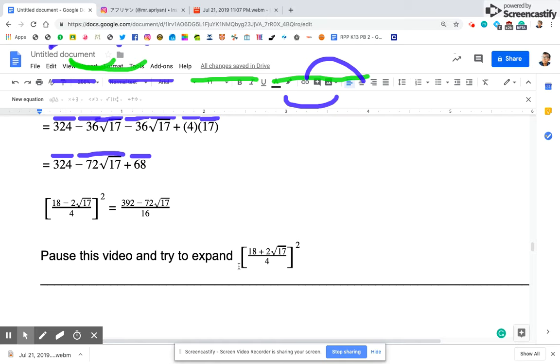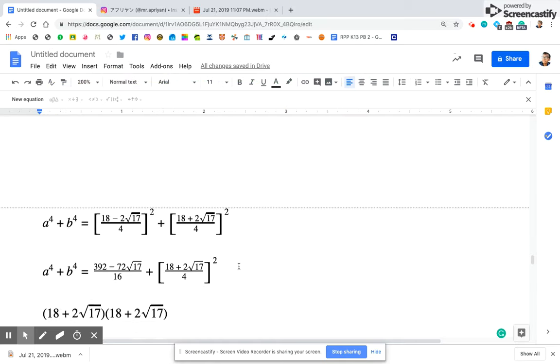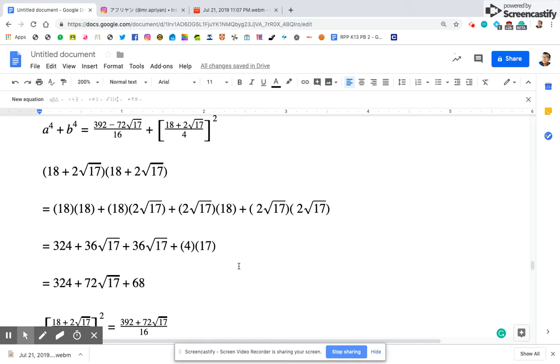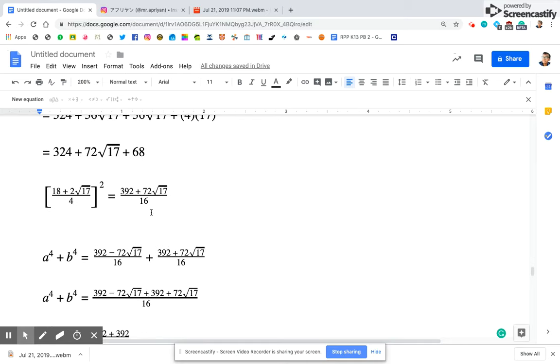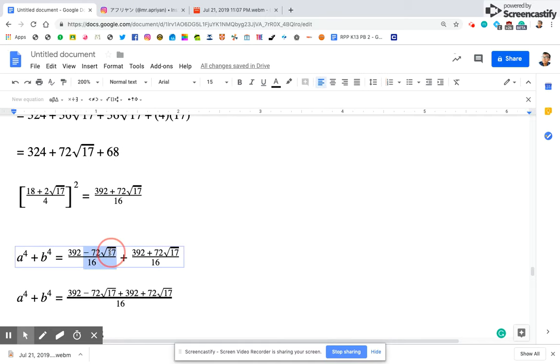All right. Now, do you get the same answer as me? I have expanded, and finally the answer will be here: 392 plus 72 square root of 17 all over 16. The difference is only here, plus and minus. The other one is minus, the other one is plus.